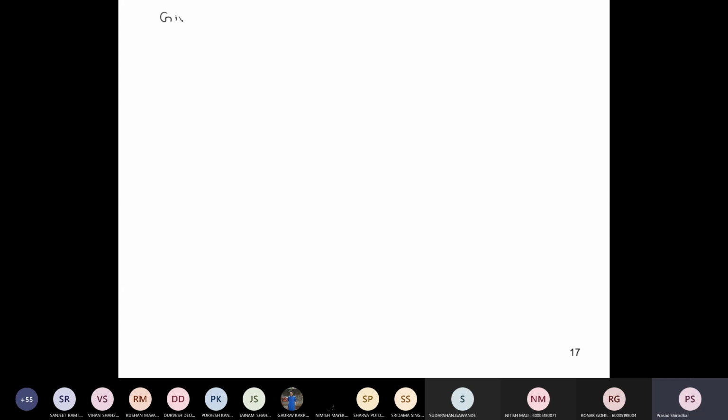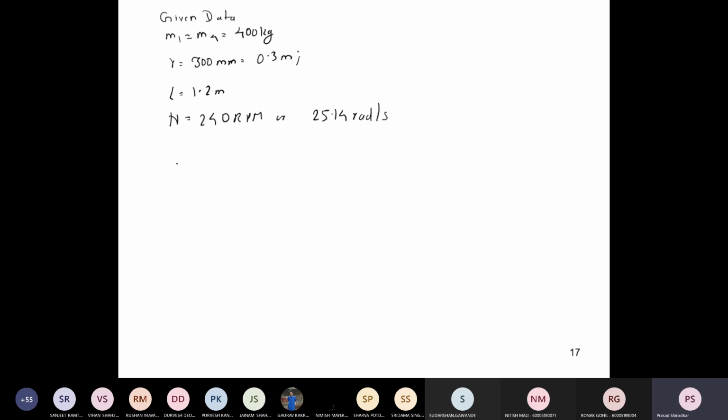Given data: M1 is equal to M4 is equal to 400 kgs, R is equal to 300 millimeters, that is equal to 0.3 meters, L is equal to 1.2 meters, RPM 240 or 25.14 radians per second.